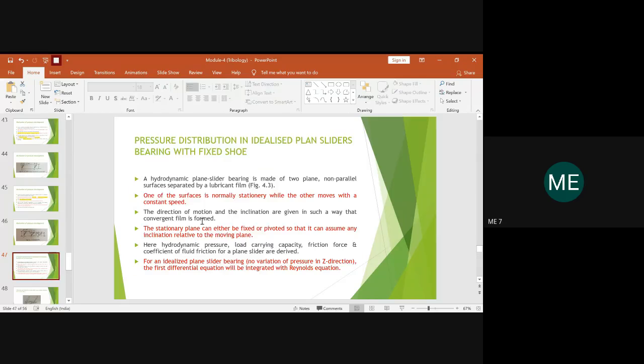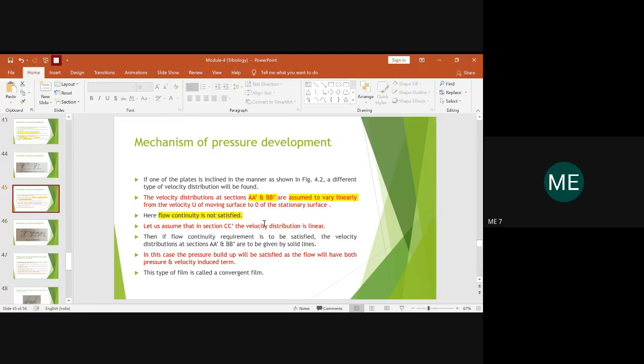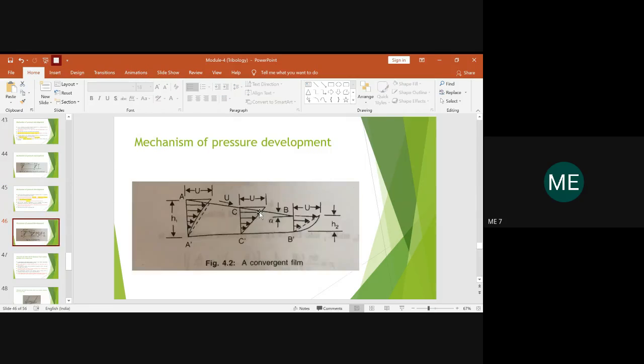So to understand this better, we assume that there is one more section, C dash. You will put in one more section, C and C dash.